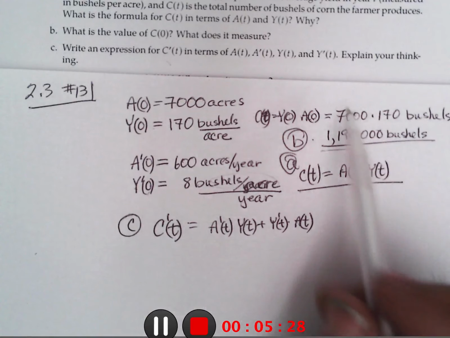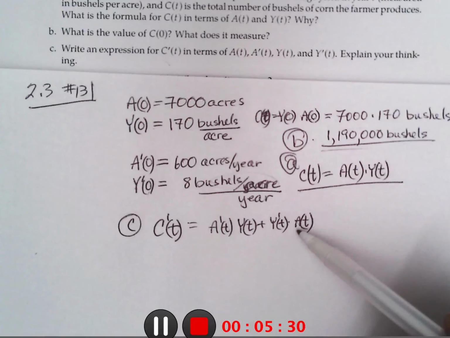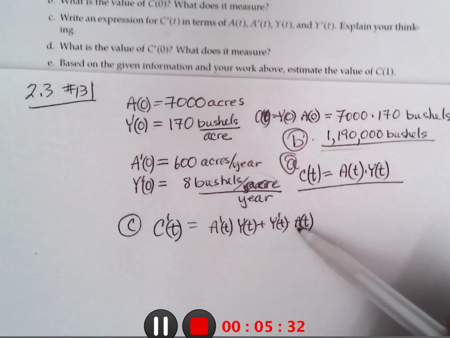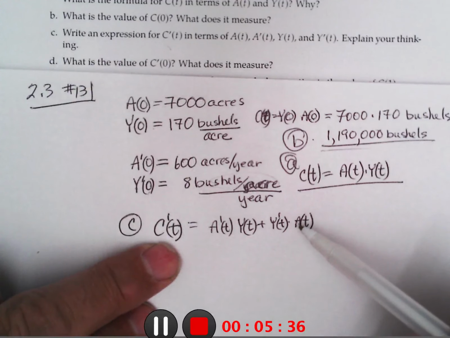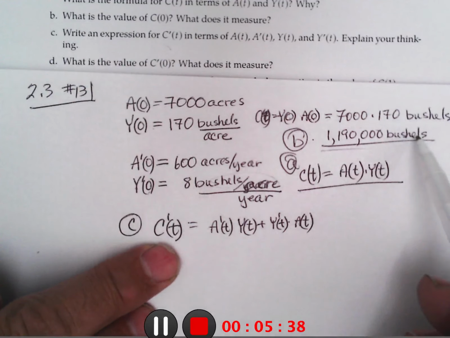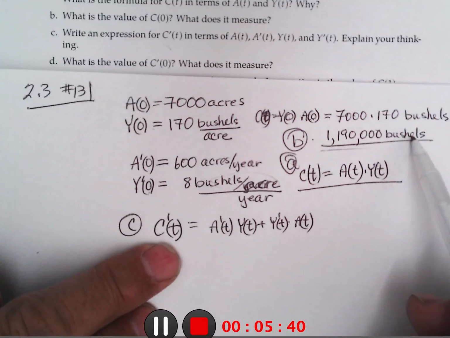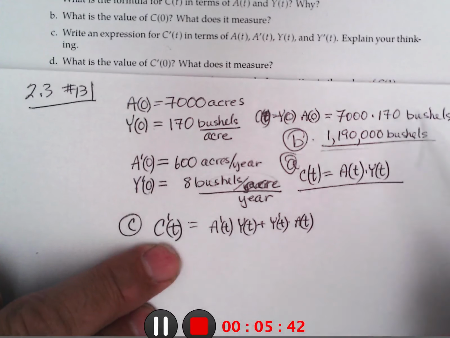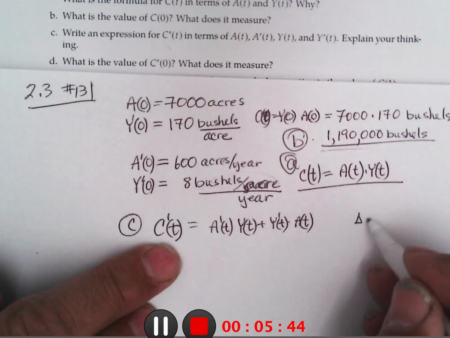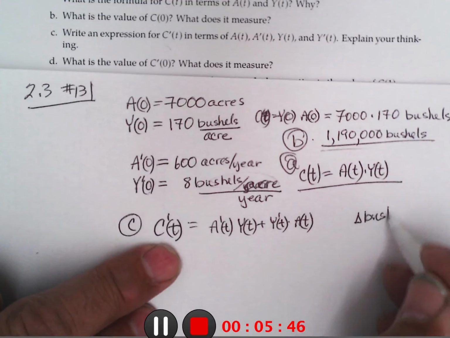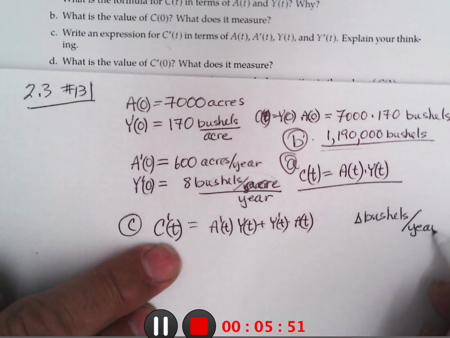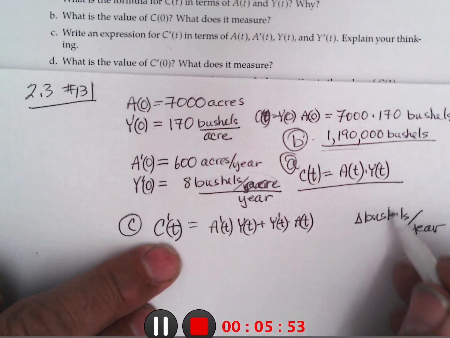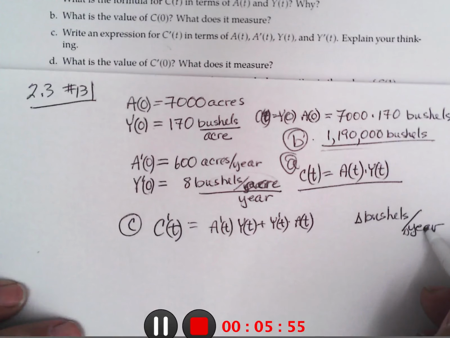That was because of the product rule. What does the value of this represent? Well, C is number of bushels, and t is time, so this is the change in the bushels per year, for a change of 1 year. Change of bushels per change of year. Okay?